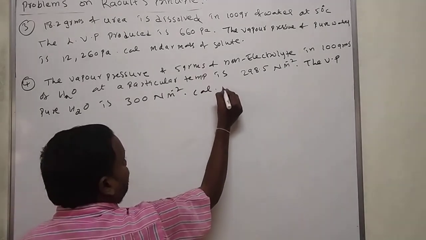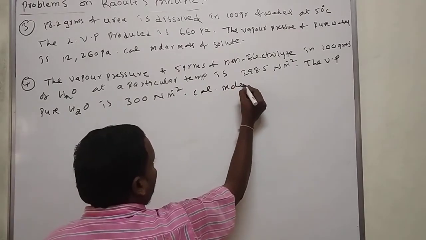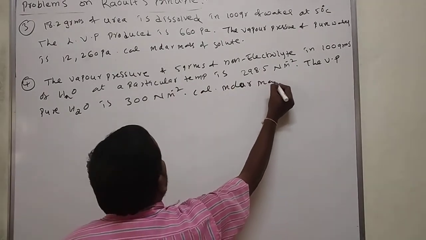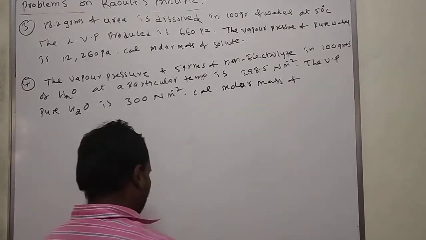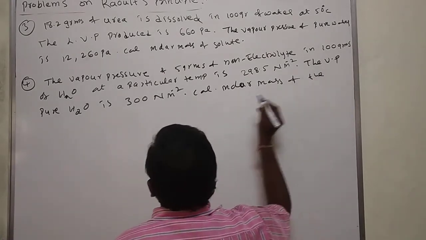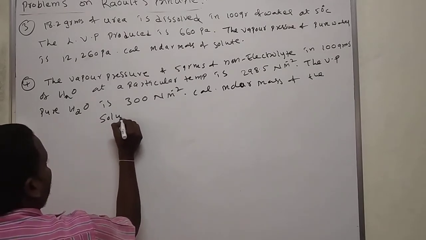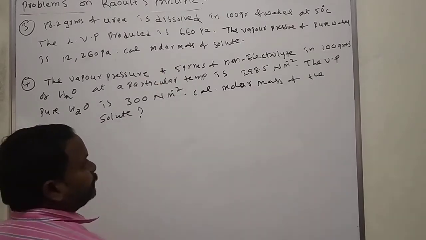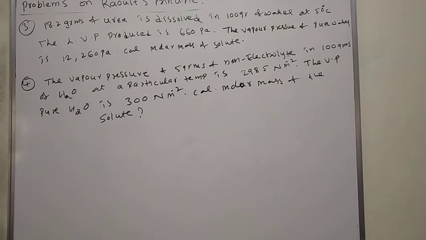Calculate the molar mass of the solute. Same problems, both are the same problems, related to that one only. Okay, you can do these problems and send them to me on WhatsApp.